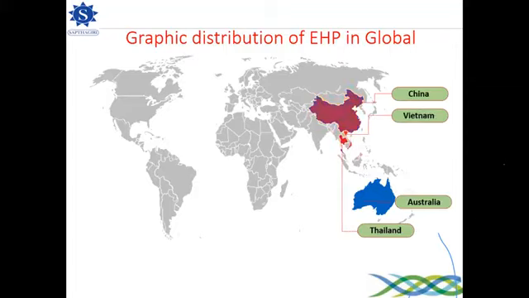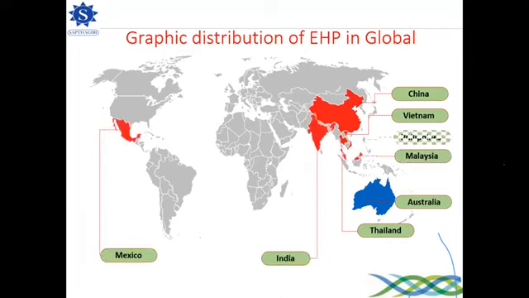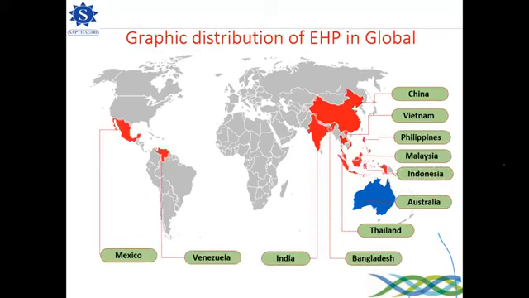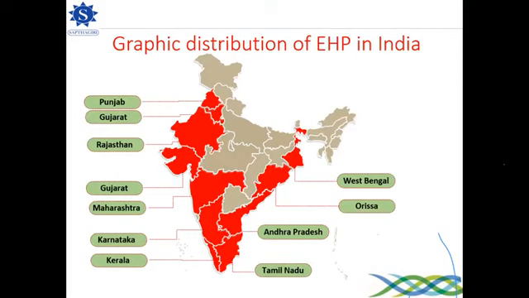EHP was first characterized in detail and named as a new species in 2009 from Thailand. Now EHP is reported in all of the major shrimp aquaculture areas. In India, EHP is reported in both coastal states as well as inland states.